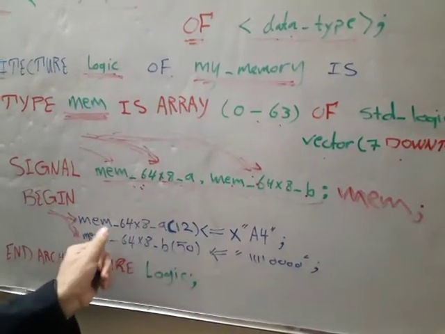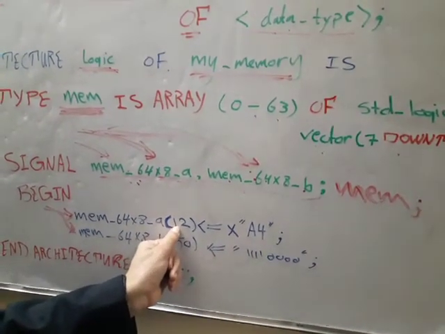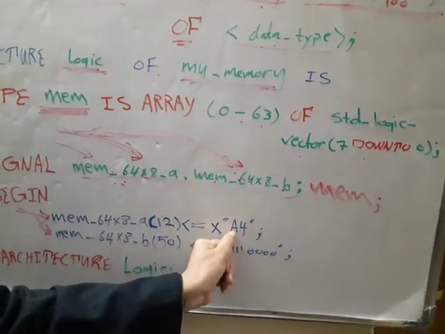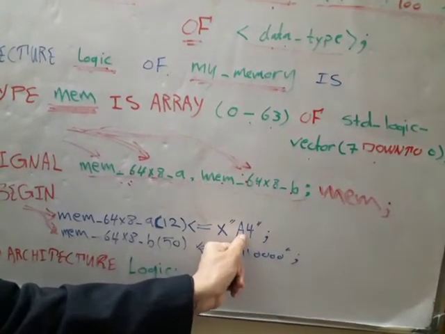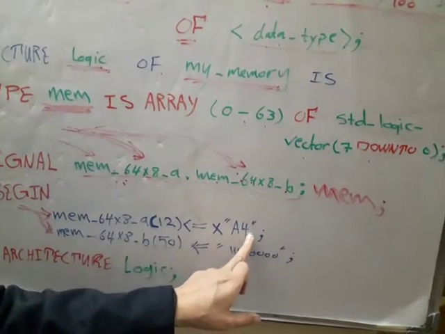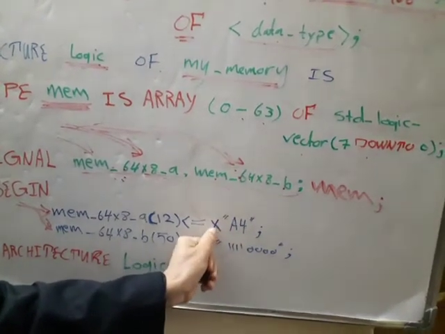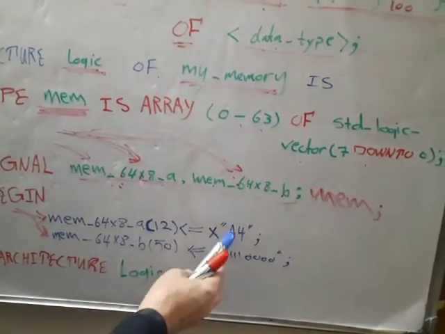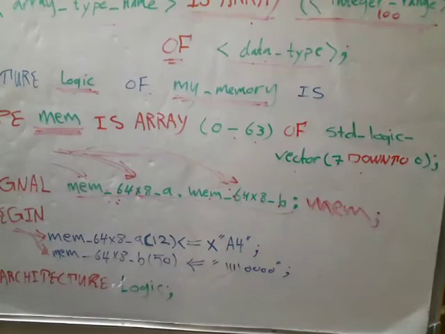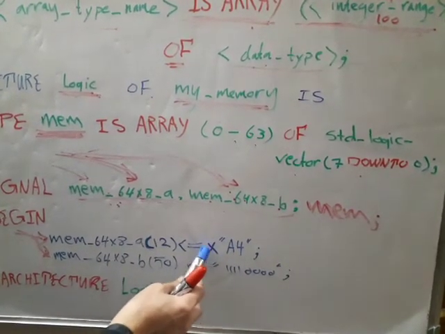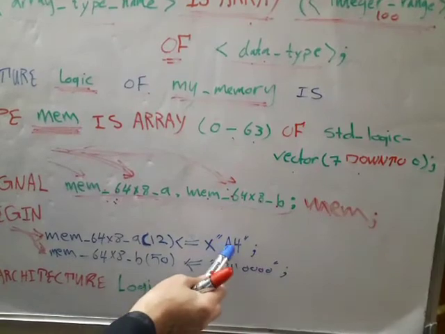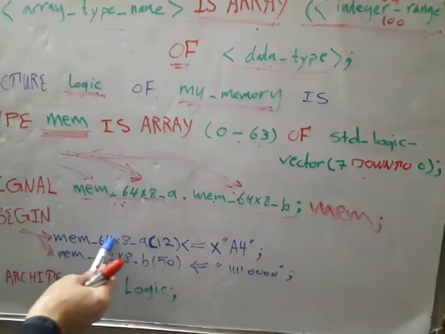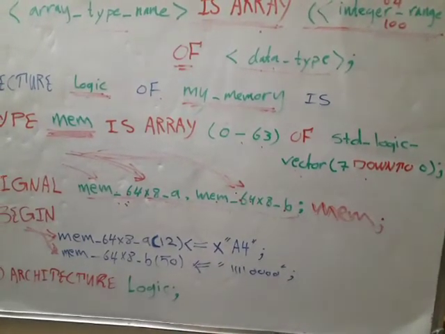The location mem64_8A(12), the location 12, will have the value A4, preceded by the letter X. So A4 is in hexadecimal, according to the letter X. The hexadecimal value A4 will be given to memory cell 12.